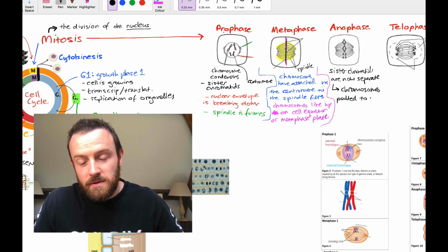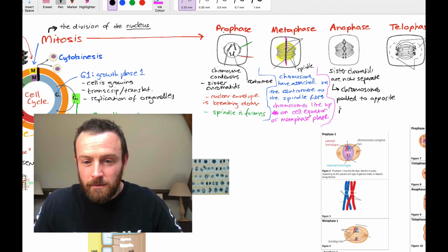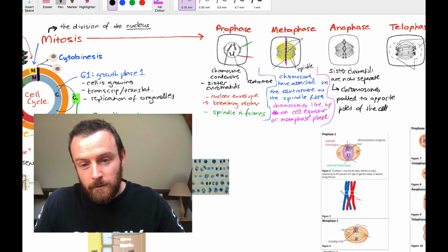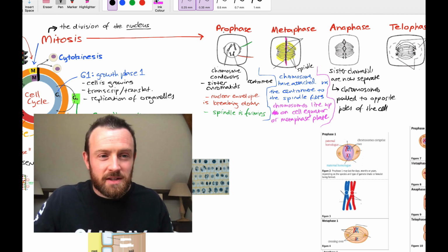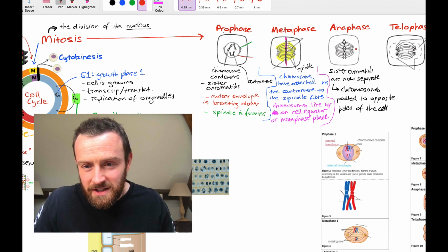Pulled to opposite poles. Okay, so one pole is over here, and this is a pole over here.